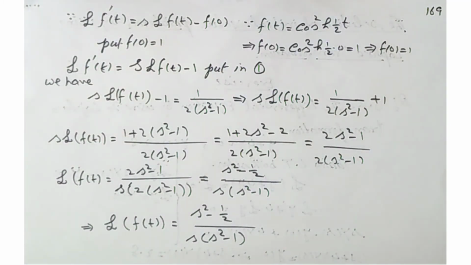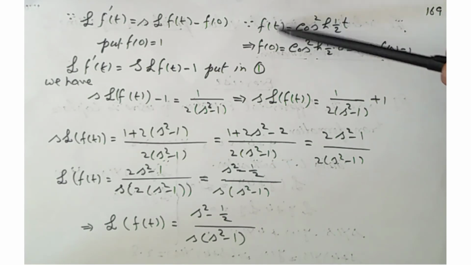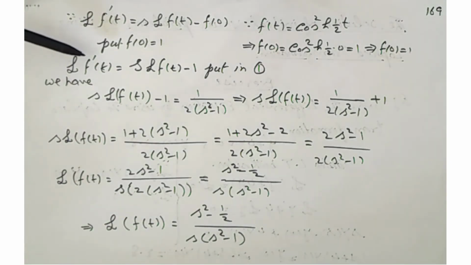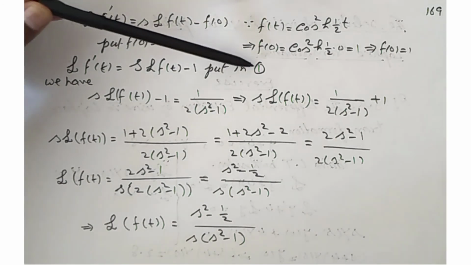See, if f of t is equal to cos square hyperbolic 1 by 2 t, put t equal to 0. This is f of 0, cos square hyperbolic 1 by 2 into 0, cos 0 equals 1. So the value of f of 0 equals 1. So in this place we put f of 0 equal to 1. So we have Laplace of f dash t equals s into Laplace ft minus 1. Put this value in equation 1.